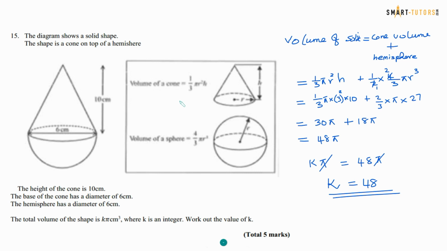If you simplify, it's 30 pi plus 18 pi, which added together is 48 pi. So 48 pi equals k pi, cancel the pi and k equals 48. That is the answer for question number 15.